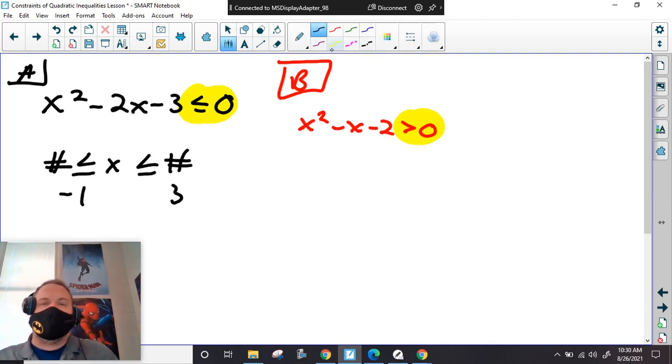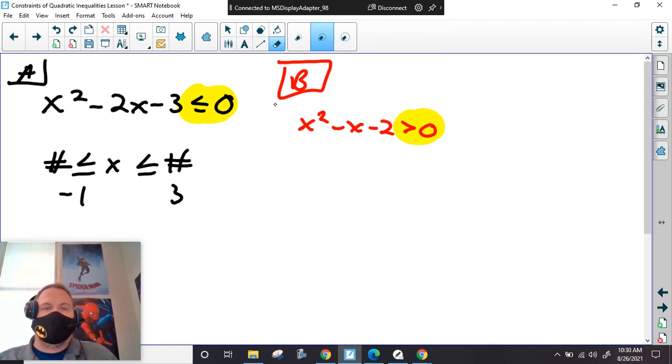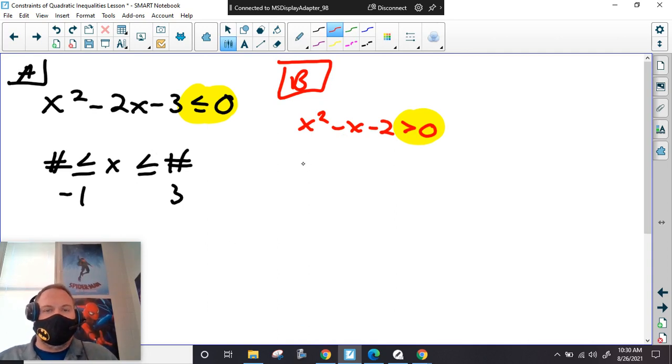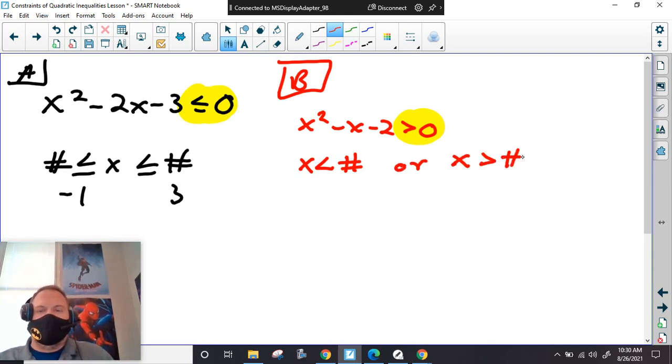But this one, we got something where X is less than a number, or X is greater than a number.